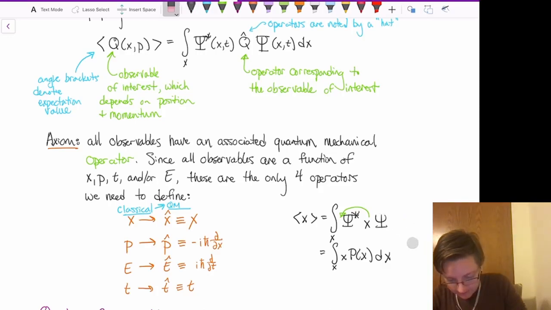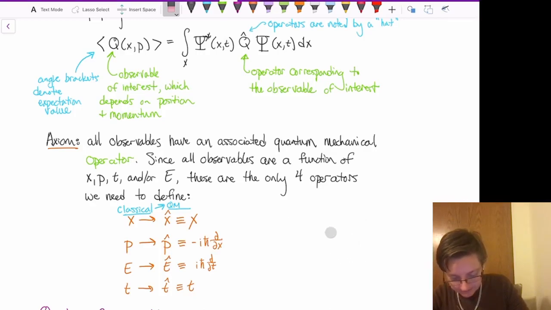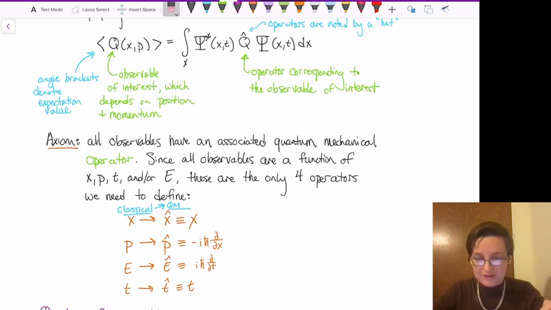A second operator that we are going to encounter is the p operator. The p operator is much more interesting. You'll notice that momentum, quantum mechanically, has an operator equal to negative i, that's just the complex number i, h bar, which is Planck's constant. The bar part means that it's Planck's constant divided by 2 pi.